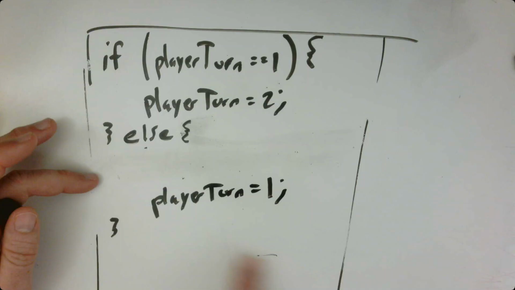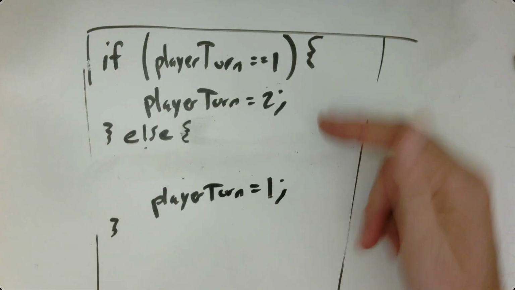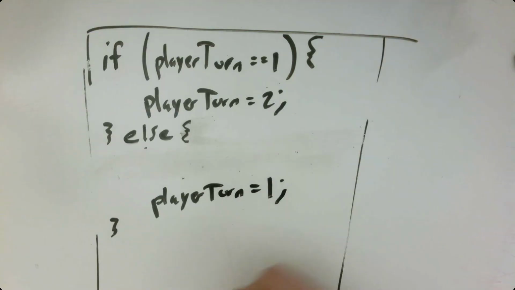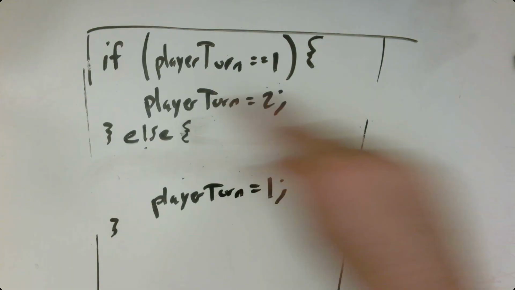If it's 2, make it 1. But the problem is you are bringing in your human understanding and thinking you wouldn't ever do both of those at the same time. And so keep in mind some basic patterns, such as the if-else or the else-if, that are designed to prevent you from doing the same thing over and over again, or that are designed to help you do only one of several options.